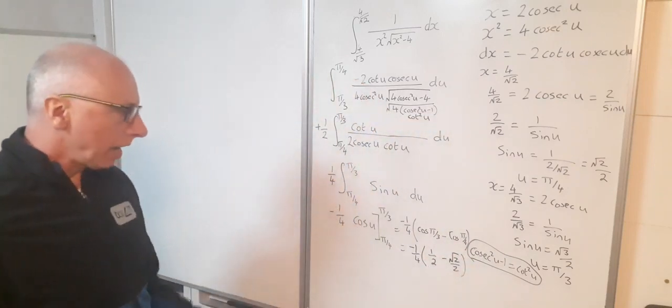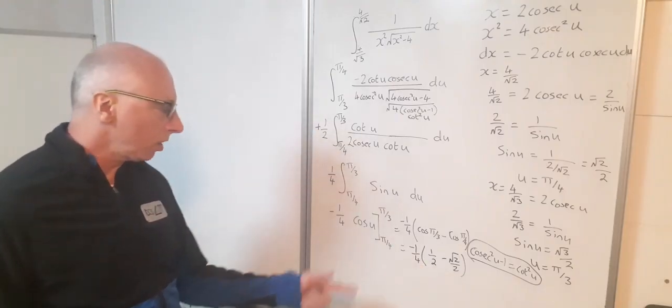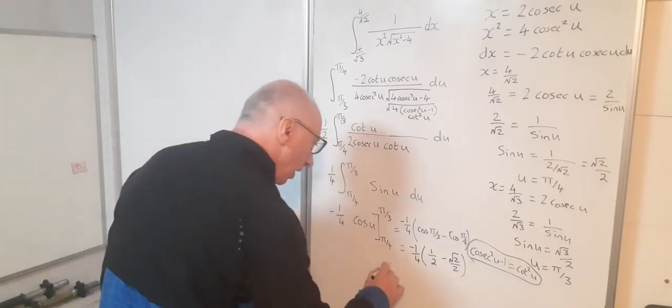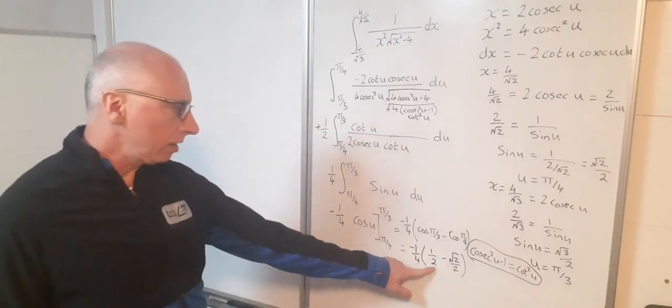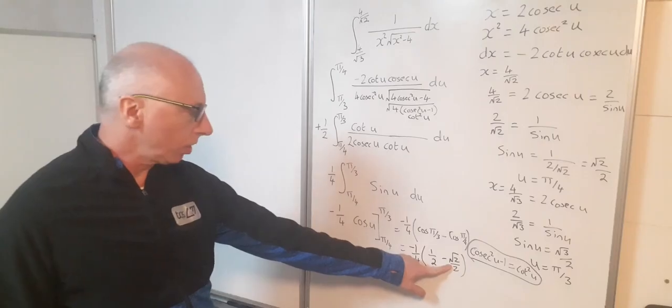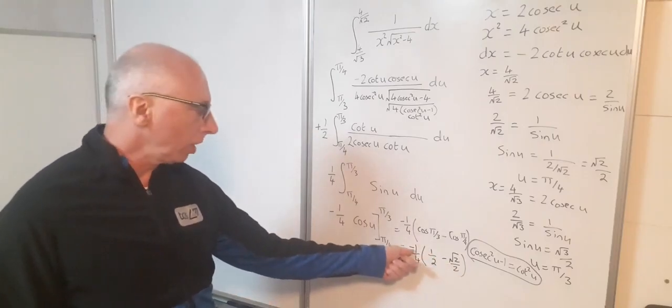Okay, so that is our integral evaluated. Let's simplify this a little bit. A half is smaller than √2 over 2, so I'm going to turn them around and change this minus to a plus.